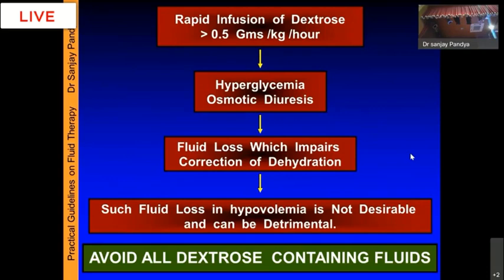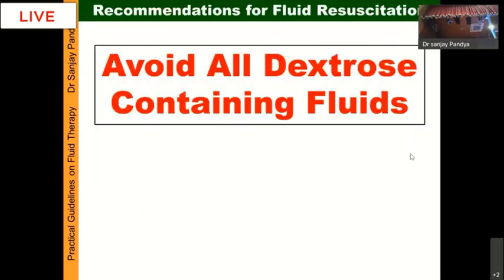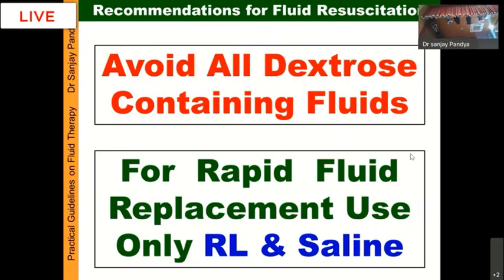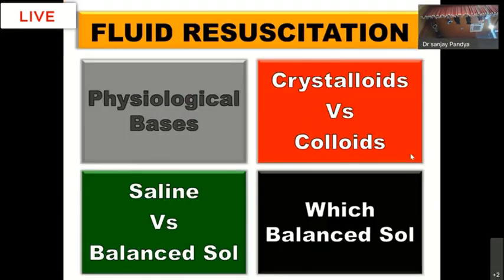And second, increased urine output means an already deficit patient will be more penalized, and therefore avoid all dextrose-containing IV fluid for initial fast resuscitation. I'm not going to talk about giving dextrose saline over 4 hours or 6 hours. No, it's not about that. It's giving 30 ml per kg body weight in the first 3 hours. Okay. So avoid all dextrose-containing fluid, and for rapid infusion, RL and saline are the prime.